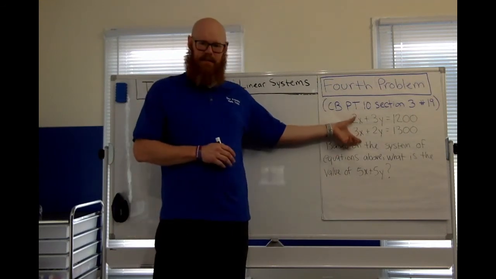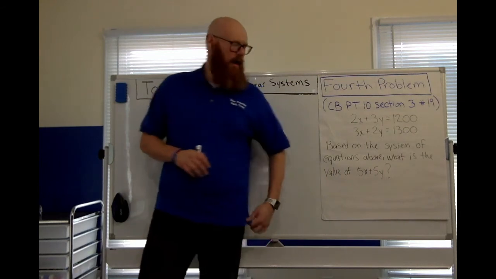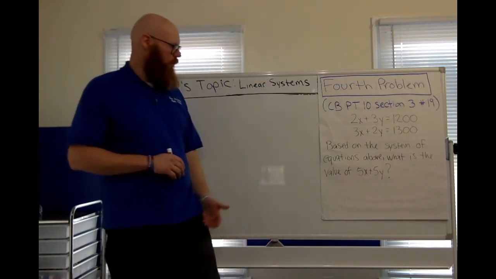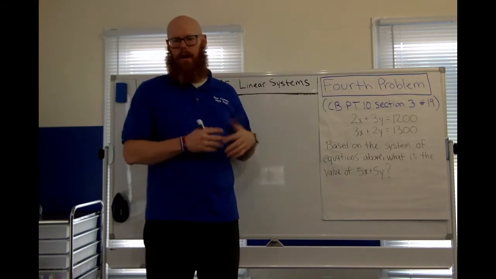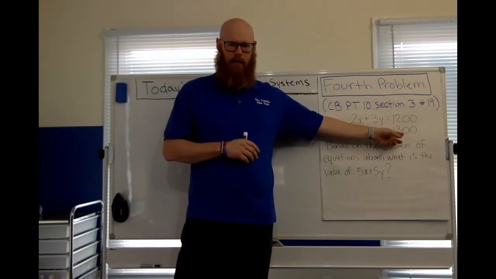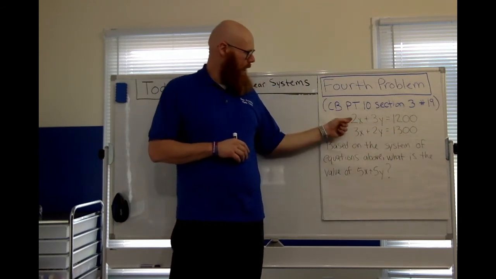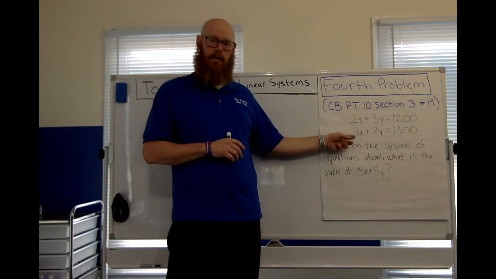It's a system, and they're asking us for an expression. So let's just talk about the school way. We just went through the whole school way a couple times. The school way would have us eliminating one of these variables. To do that, with 2x and 3x, I need to multiply the first equation by 3 and the second equation by 2.